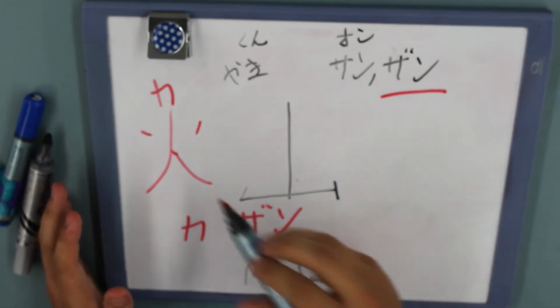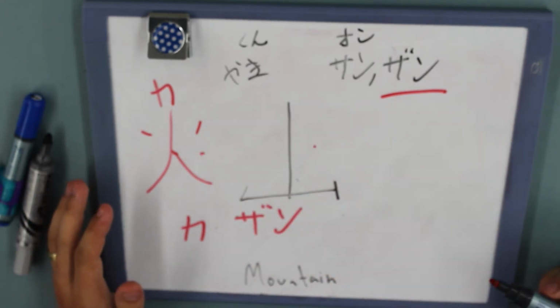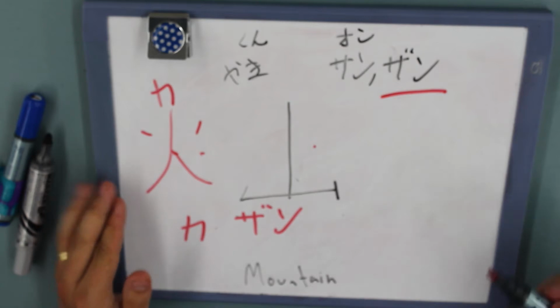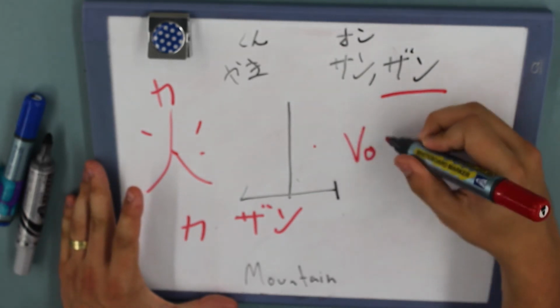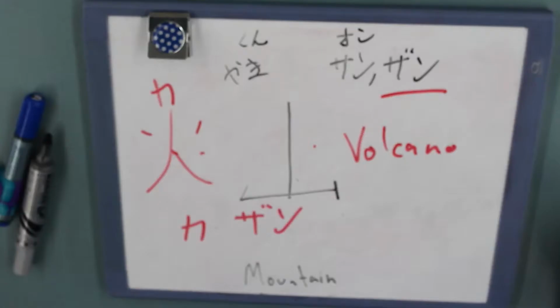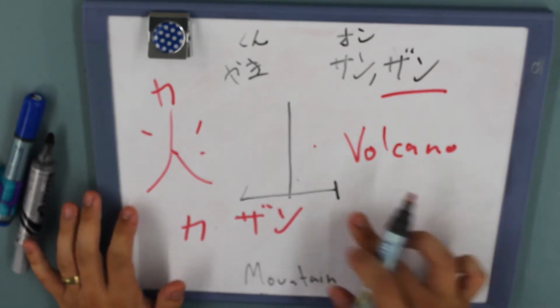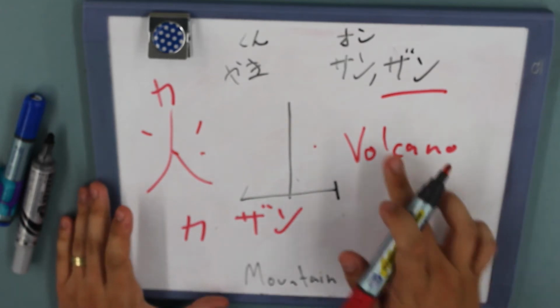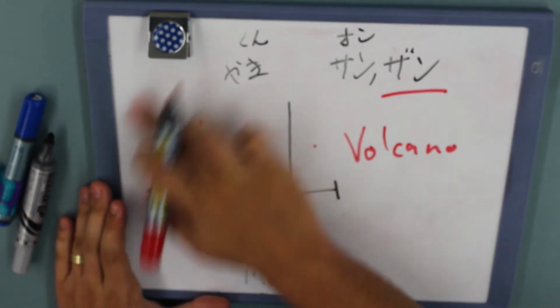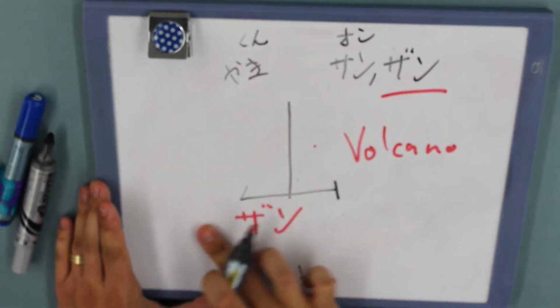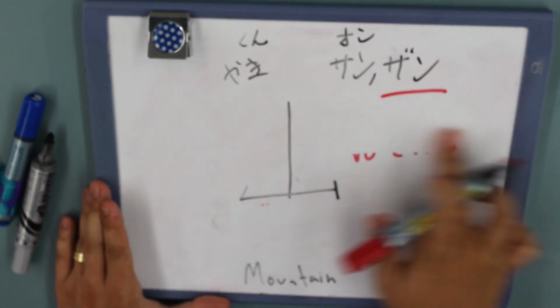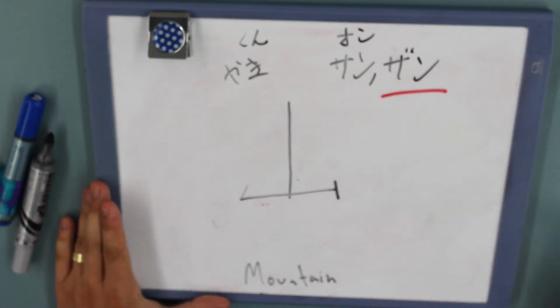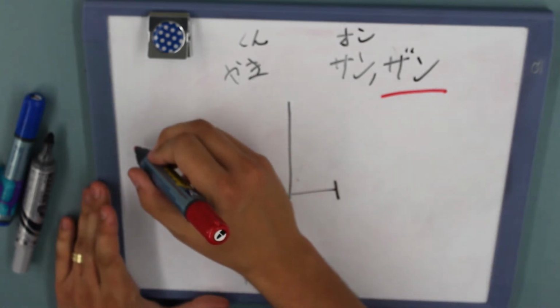For example, fire mountain here, put together in a combination, means, what might you guess? Means volcano. These two kanji put together mean volcano. So Yama can also be used when talking about Mount Fuji. For example, if you were to talk about Mount Fuji, you could say Fuji-san.